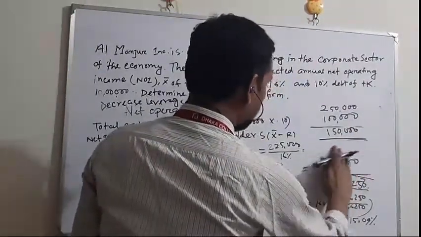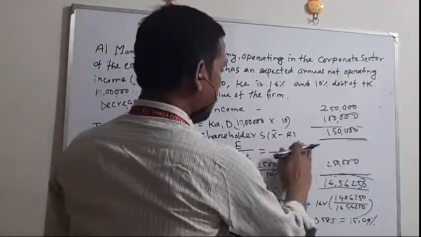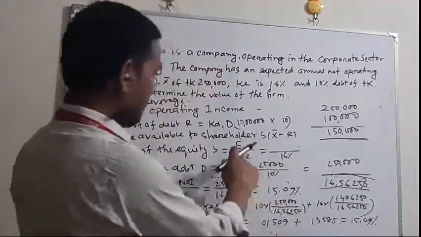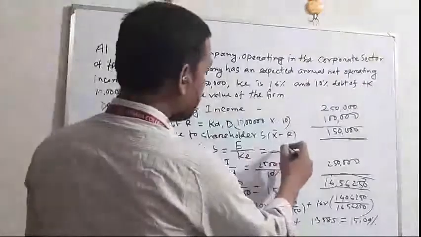Okay, good. Here is earnings E by KE. Equity capitalization rate is 16%.